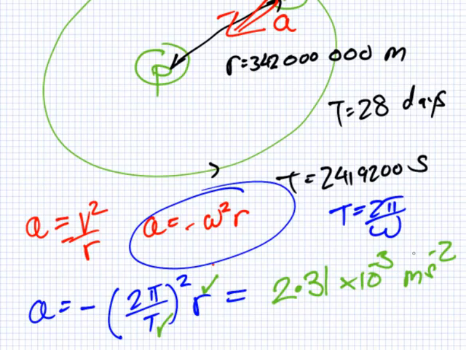For example, if a car turns really fast, there's lots of acceleration to the center. But imagine the car turns very slowly in a big circle. The acceleration to the center is smaller.